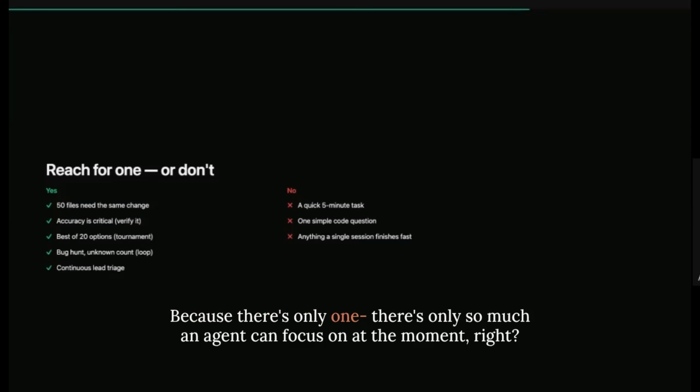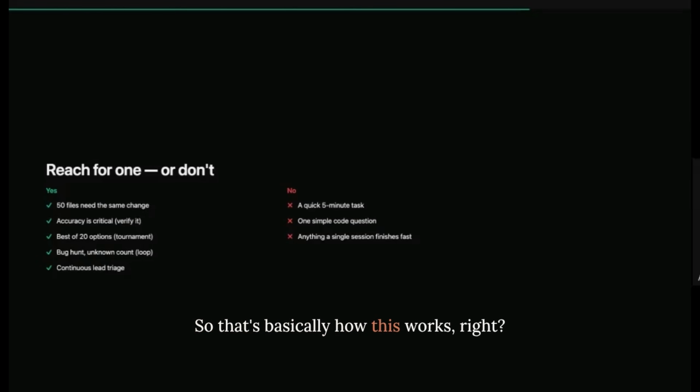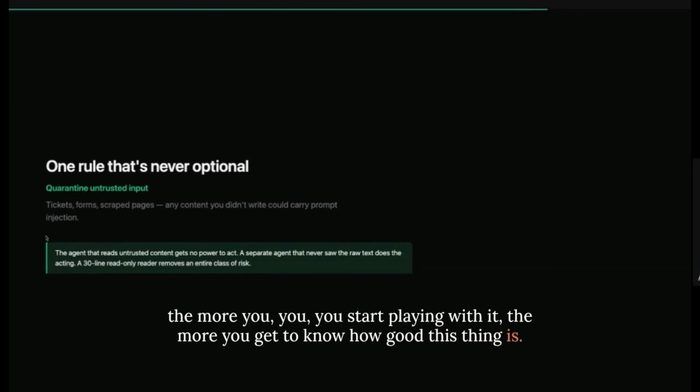Because there's only so much an agent can focus on at the moment, right? Unless you now want to create some agents to look into the other things. So that's basically how this works, right? So dynamic workflow is a game changer, guys. The more you start playing with it, the more you get to know how good this thing is.